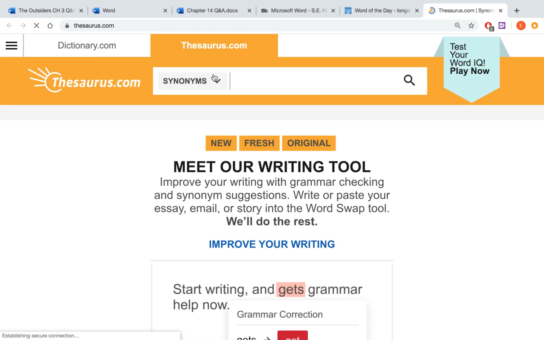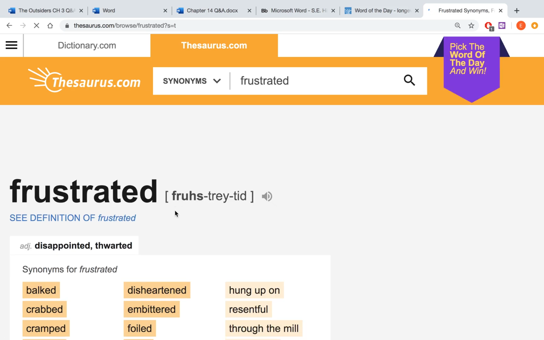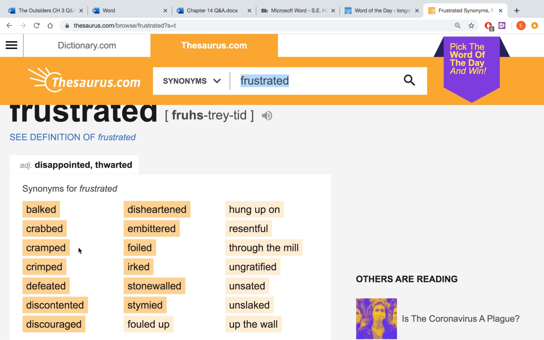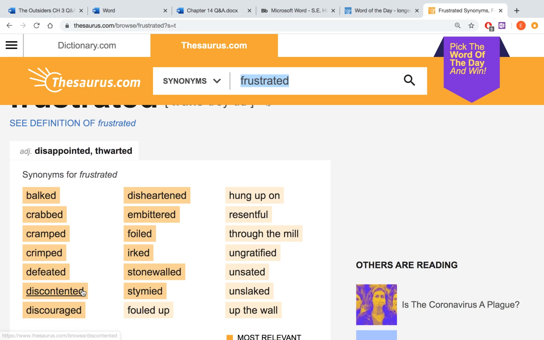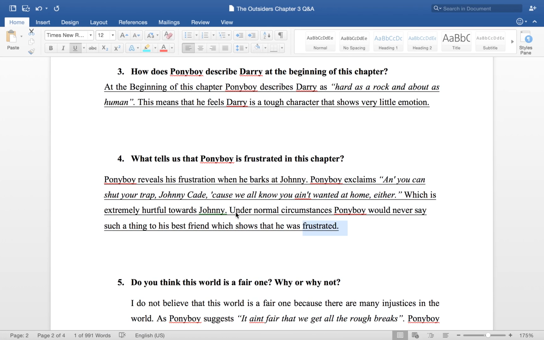A thesaurus is kind of like a dictionary, but it gives you similar words with a similar meaning. So we wanted a synonym for frustrated, and we get balked, crabbed, cramped, crimped, defeated, discontented, discouraged, disheartened. Embittered would probably be the most suitable one in this context. So, which shows that he was embittered.